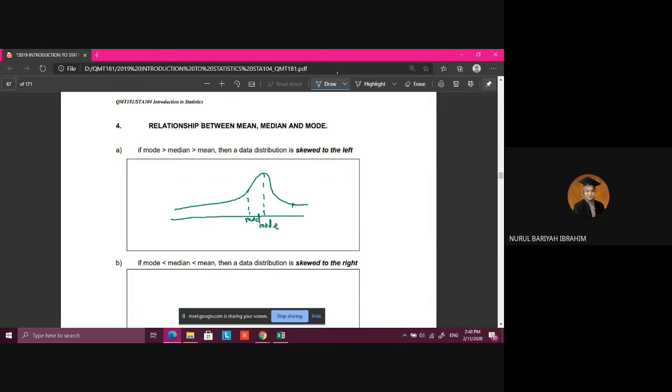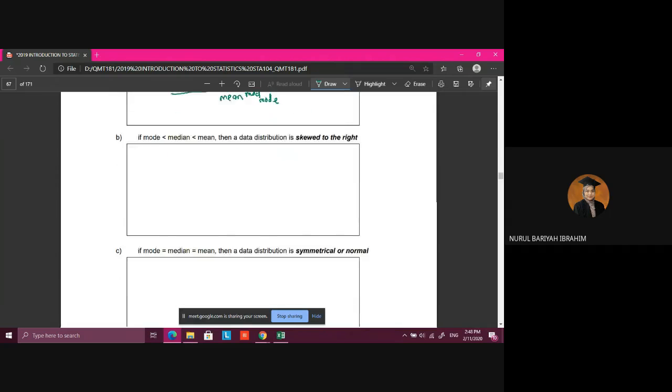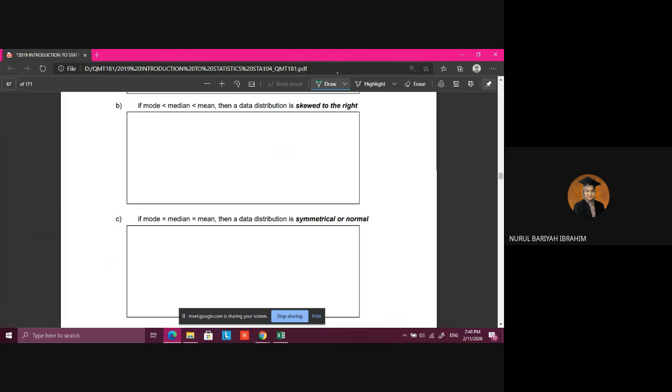Di sini mean. Okay, mean lagi kecil daripada median, lagi kecil daripada mode. So our distribution will be skewed to the left. How about this skewed to the right? Skewed to the right distribution, it will be like this.